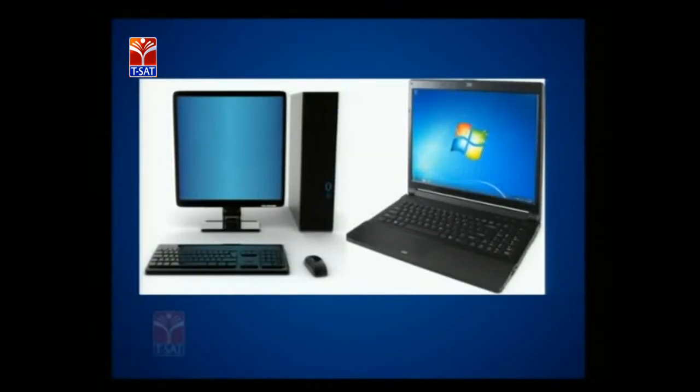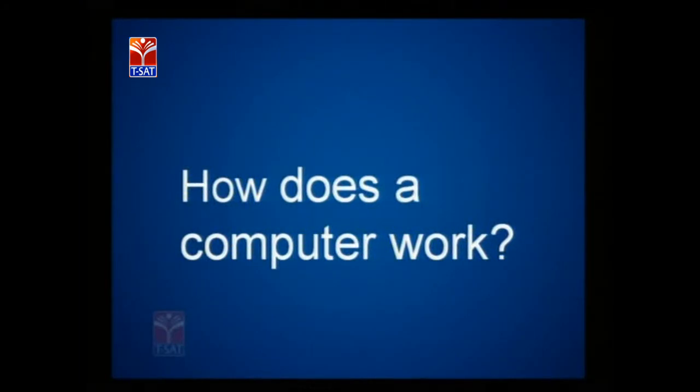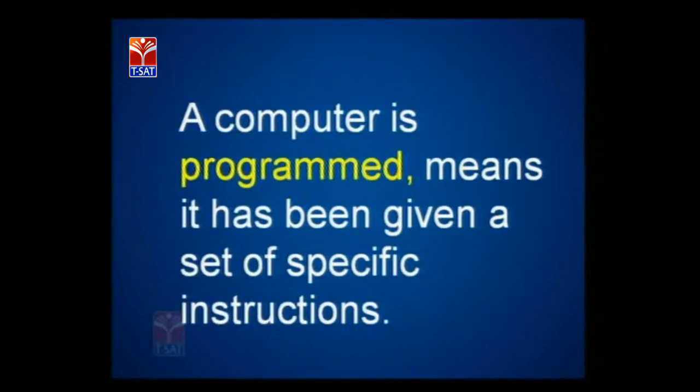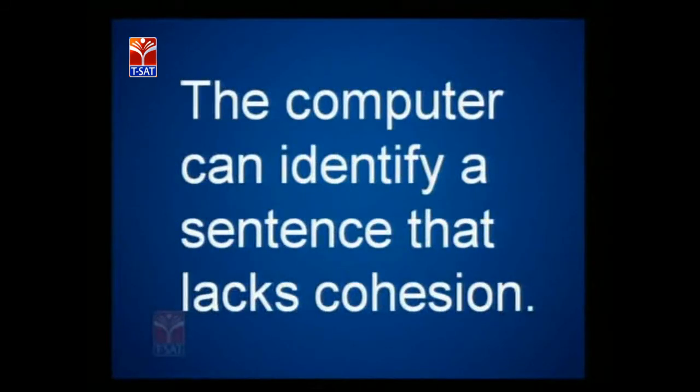Now, this is the desktop, the picture of a laptop. As I said, this is how a computer works. A computer is programmed, which means it has been given a set of specific instructions. The computer can check spelling errors, grammar errors, wrong collocations.